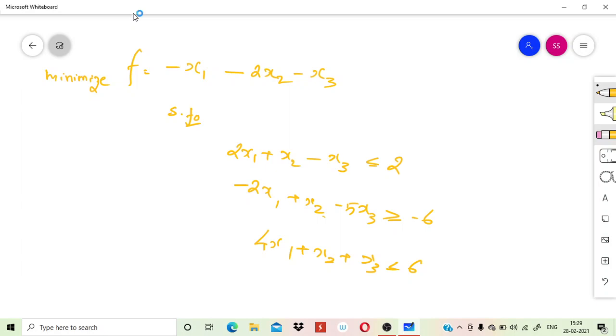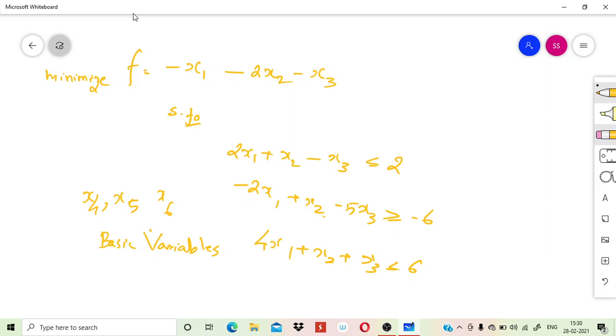And what we have done is that we have introduced x4, x5 and x6 as slack variables, and these slack variables are taken as the basic variables in our tabular columns, in our tables, in our iterations, right?